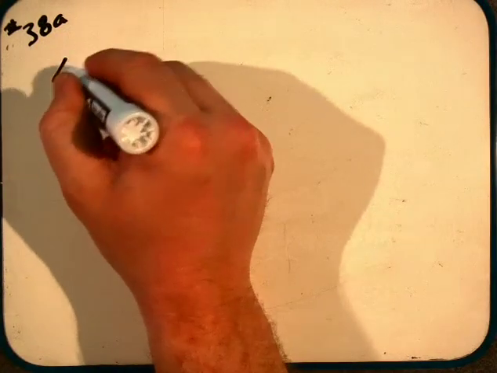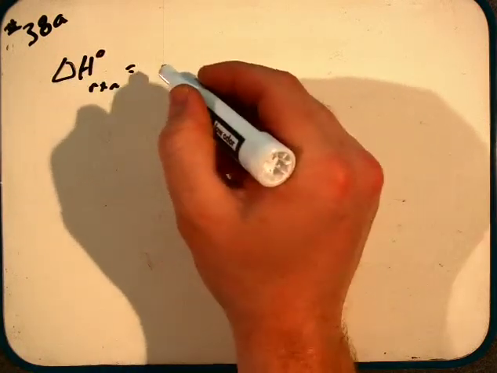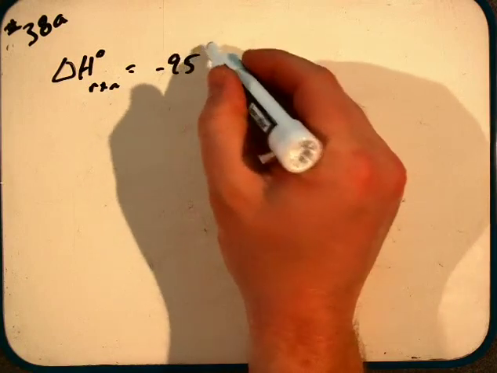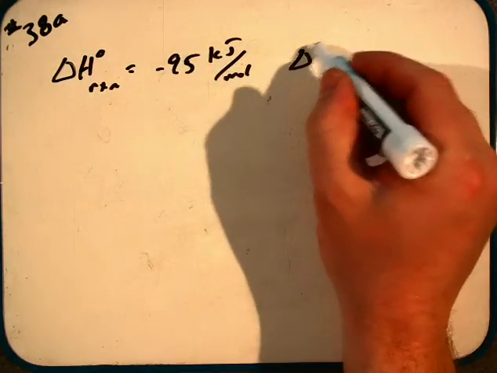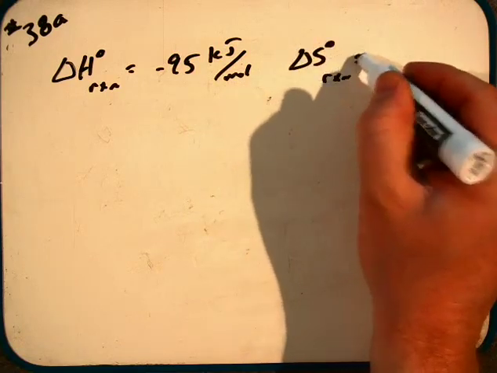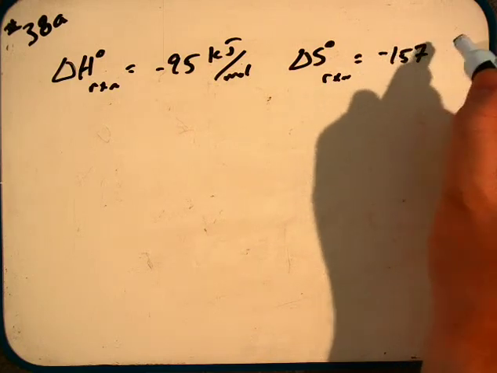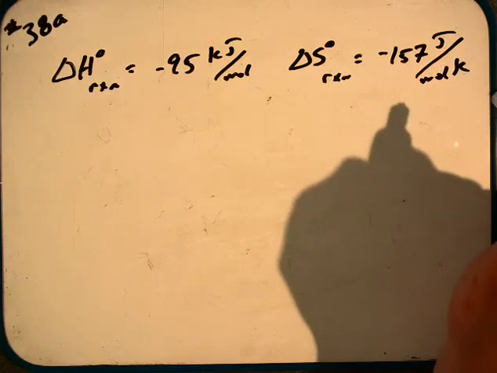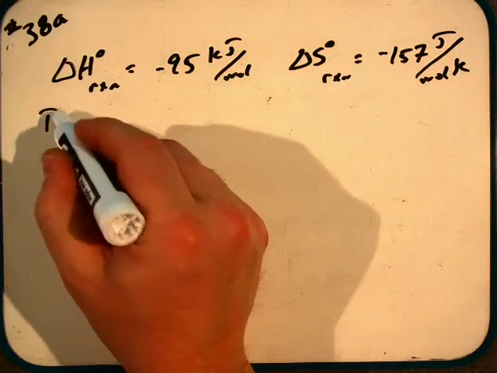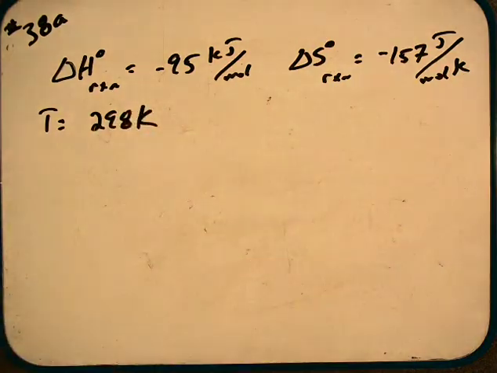We're given a number of values here. Our delta H of reaction is equal to negative 95 kilojoules per mole. We're told our delta S of reaction is equal to negative 157 joules per mole Kelvin, and we're told our temperature is 298 Kelvin.